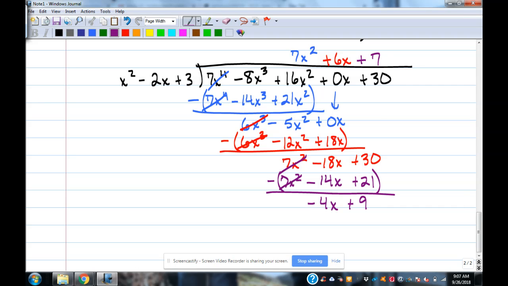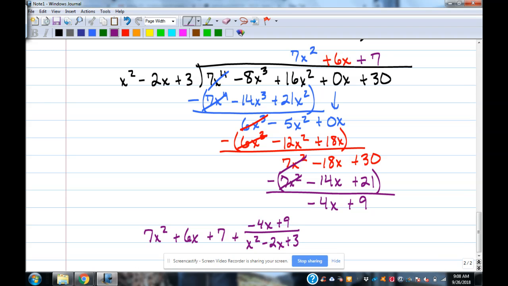Is that the remainder? Yes. It's smaller than what we're divided by, so we know that's the remainder. Okay? So, 7x squared plus 6x plus 7 plus negative 4x plus 9 over what we divided by, x squared minus 2x plus 3.